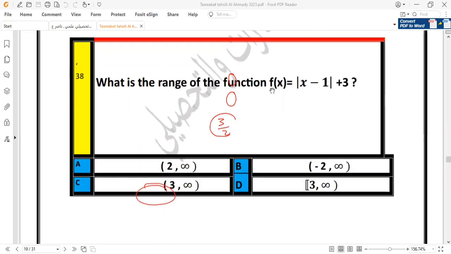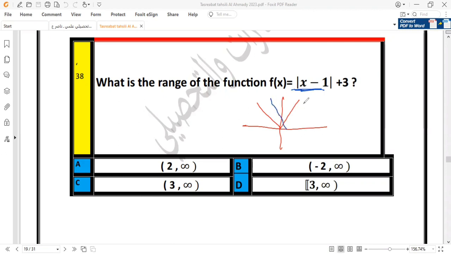What's the range of the function f(x) equals absolute value of x minus 1, plus 3? How to graph absolute value? Here, absolute value. But here, absolute value of x minus 1, we shift this function to the right 1 unit. It will be like this. And then plus 3, we translate up 3 units like this.